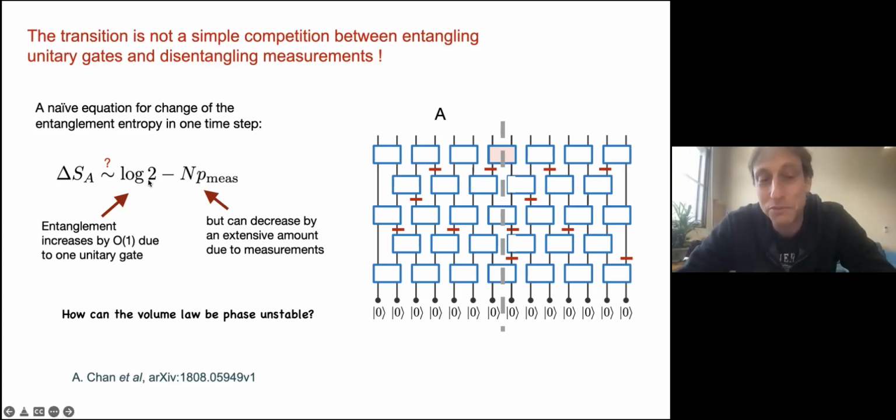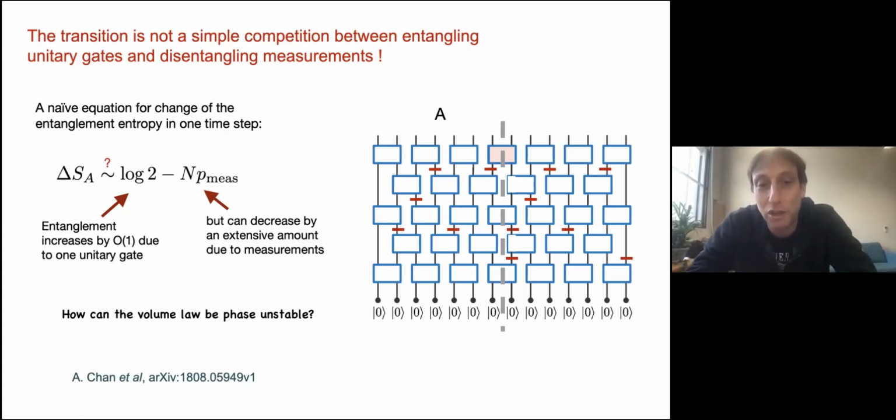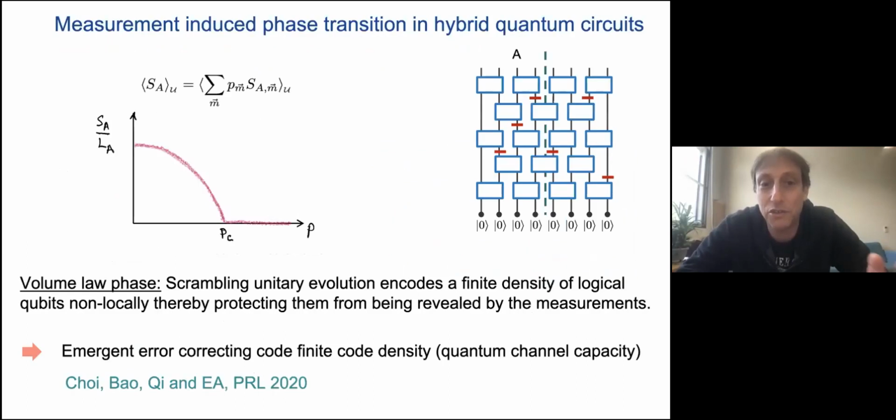This argument was based on the inaccurate concept that there is some competition between entangling and disentangling here. But the competition is actually much more interesting. I'm not going to go deeply into it. I'm going to show how it comes out in a statistical mechanics model, but one can also show it in terms of information theoretic quantities.